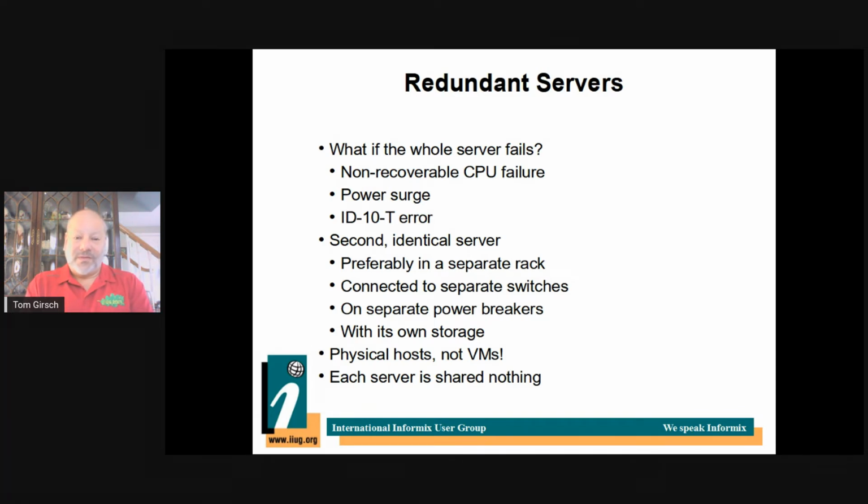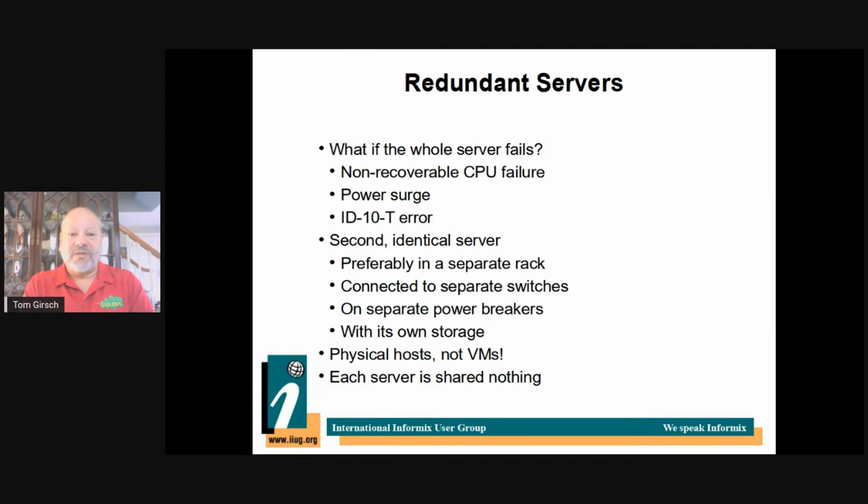So the solution to this is to get a second identical server, and ideally you put it in a separate rack. You connect it to its own set of separate switches, which are on separate power breakers with its own storage. And you can see how this gets exponentially more expensive. So now you've basically got 4 of everything in a sense.